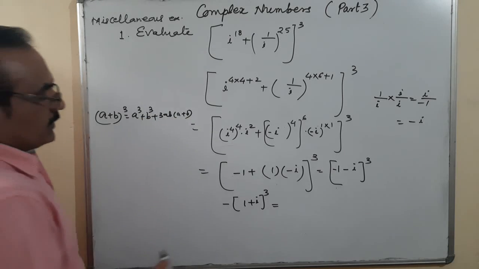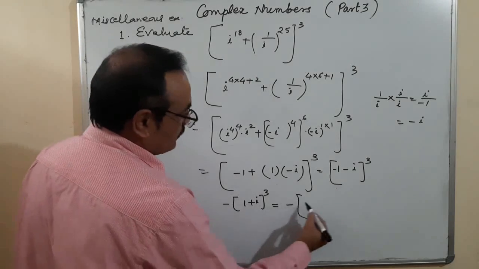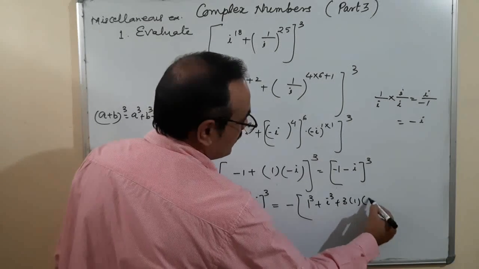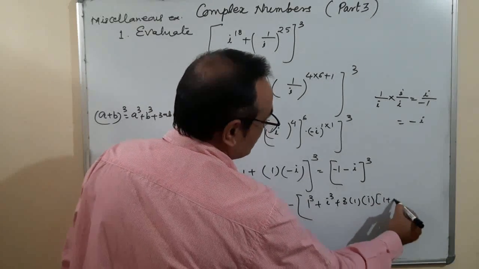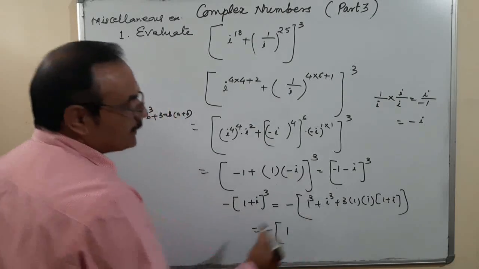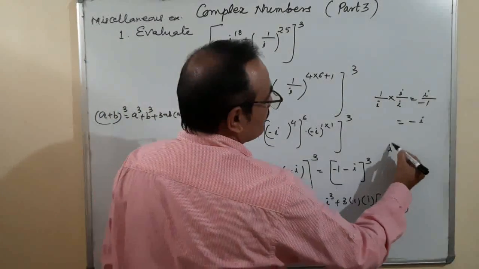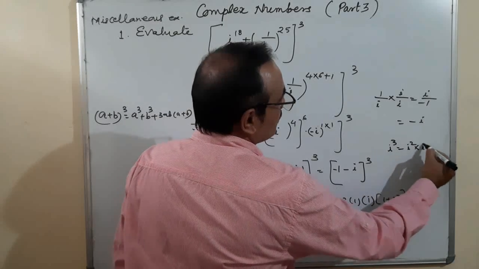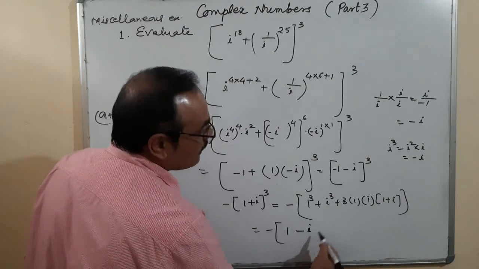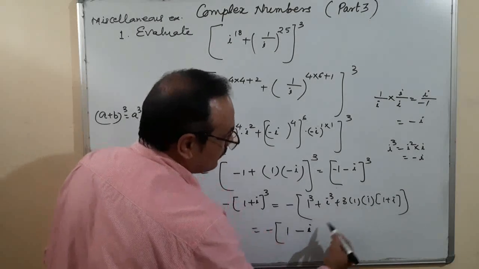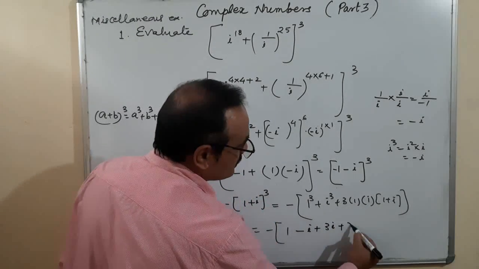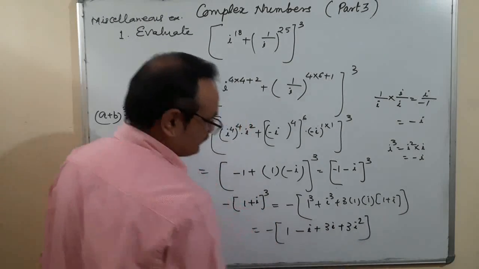So with the minus sign outside: 1 cube plus i cube plus 3 into 1 into i, times (1 plus i). 1 cube is 1. I cube means i square into i, minus 1 into i, so minus i. Then plus 3i multiplied by 1, so plus 3i, and plus 3i multiplied by i, so plus 3i square.